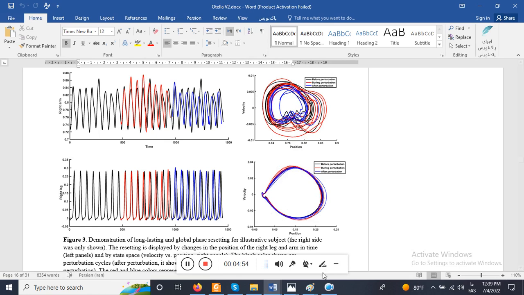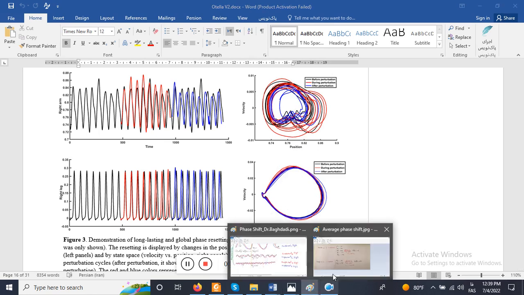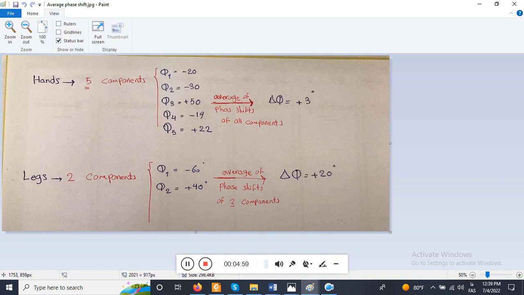Because of that, the output of Hilbert transformation for hands and legs are different. For example, maybe hands have 5 components, so we have 5 phase differences. You see here, when we average these 5 components, we get for example 3 degrees.